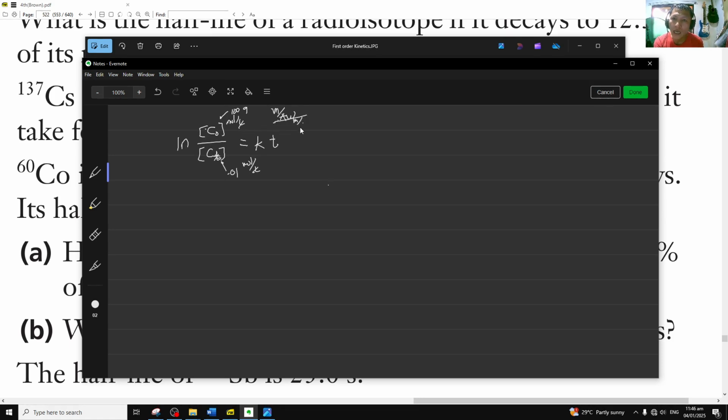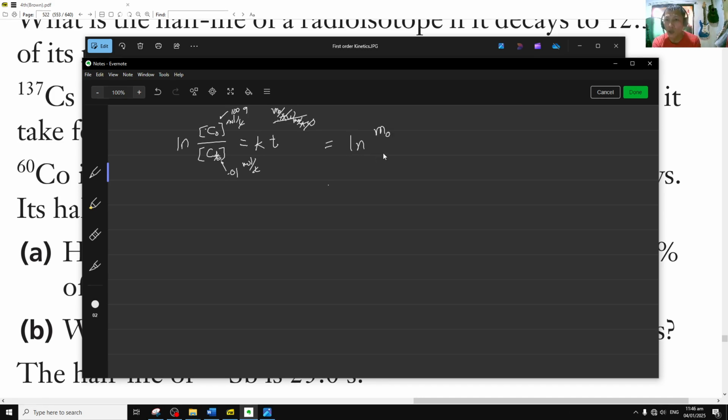So now we're dealing with the original mass and the new mass, the mass at time t.